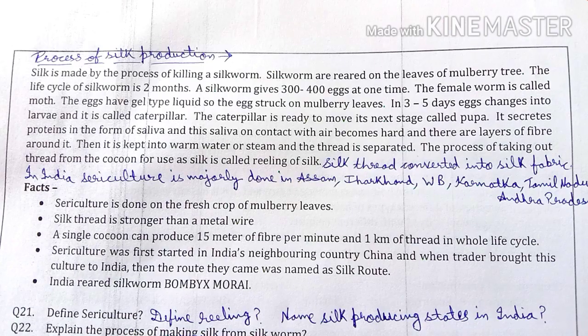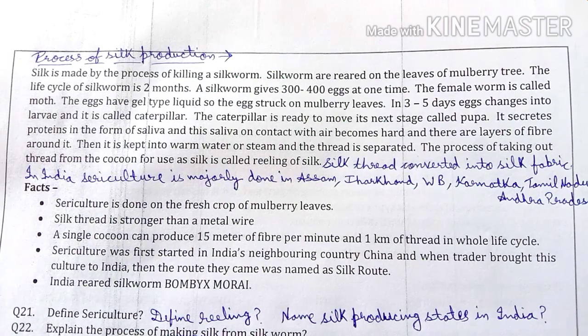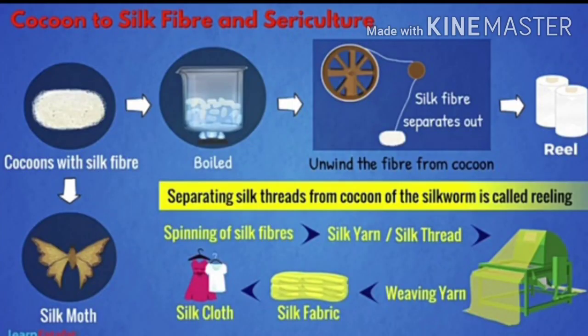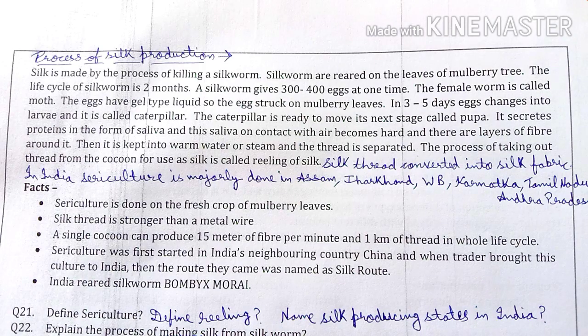In this warm water the threads are separated from the body of the silkworm. The process of taking out thread from the cocoon for use as silk is called reeling.